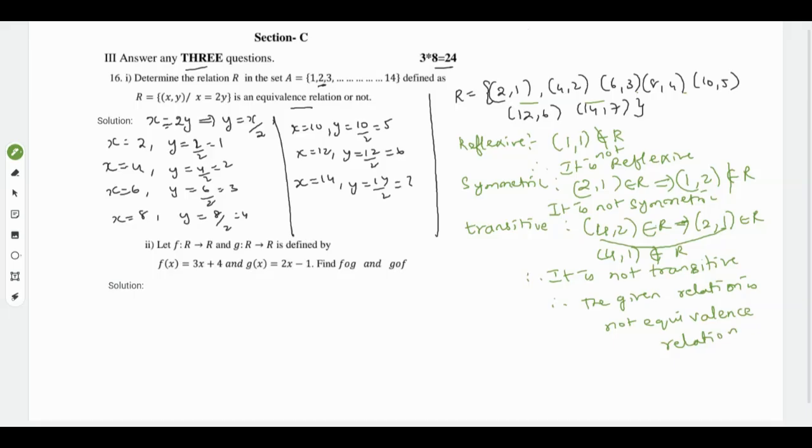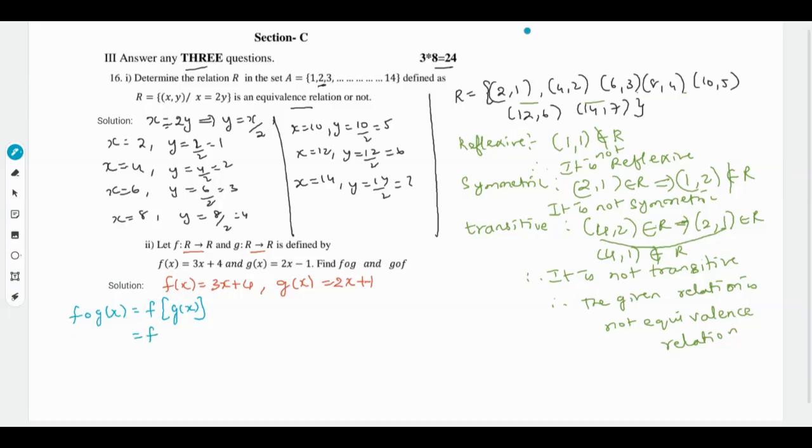So the next question here is, if the functions f and g are defined by f of x equals 3x plus 4 and g of x equals 2x plus 1, they are asking you to find fog and gof. So what will be fog and what will be gof? We'll do it for fog. Fog of x will be f of g of x.